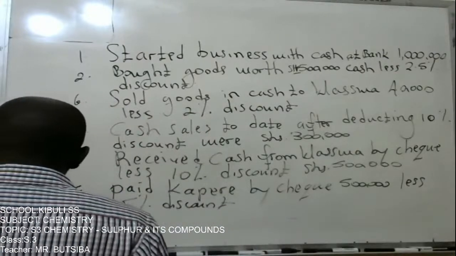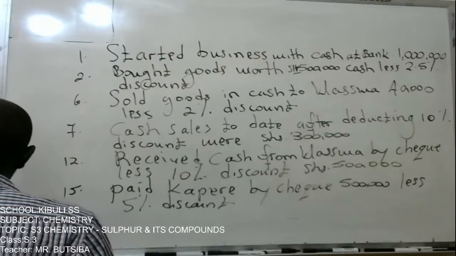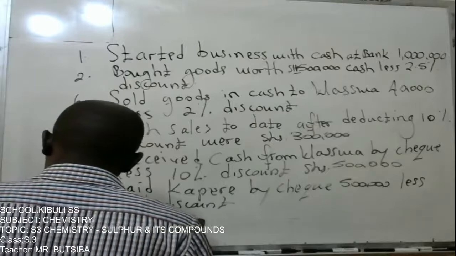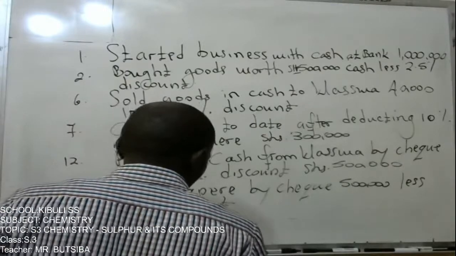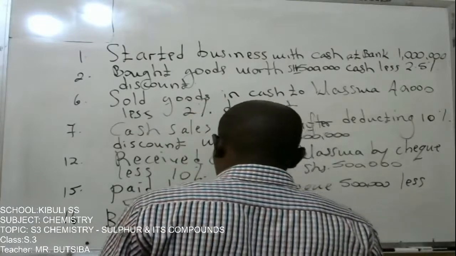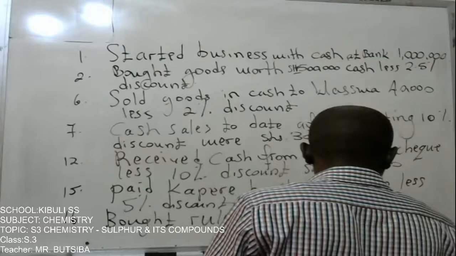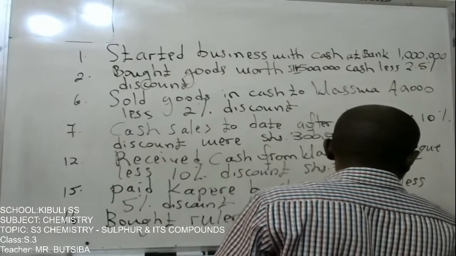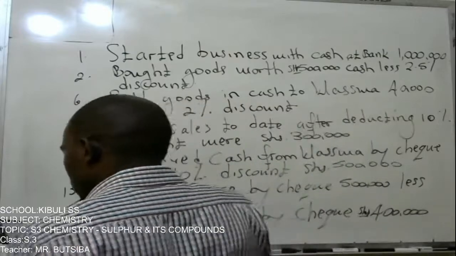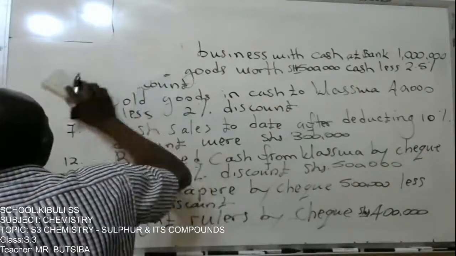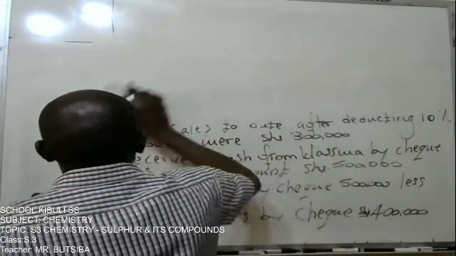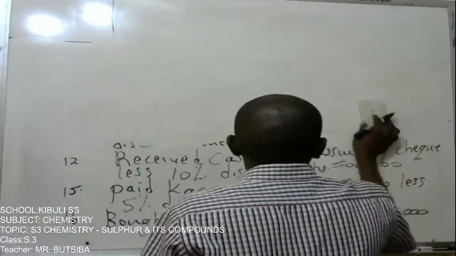Then on 16th, bought rulers by check, shillings 400,000. Rulers very expensive.